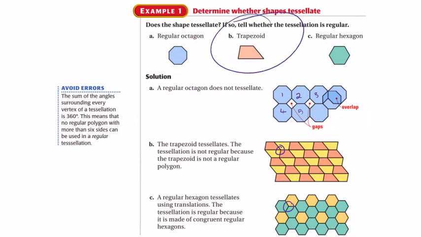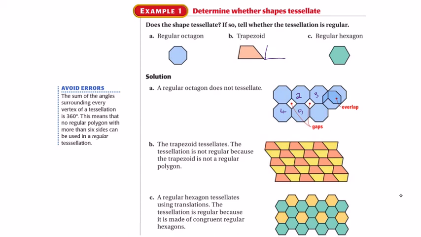Part B here, looking at a trapezoid, notice that it's not perfect or anything like that. Trapezoids do end up tessellating. So I shift it and there is a little bit of a gap. If I were to shift it just a little bit more, they actually create this tessellation by reflecting it.